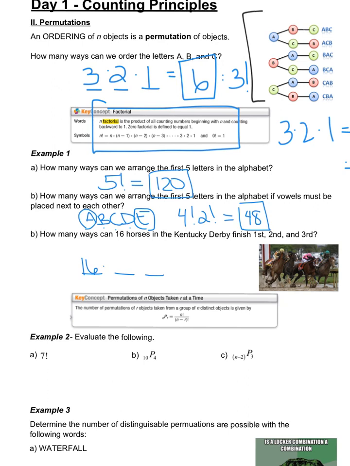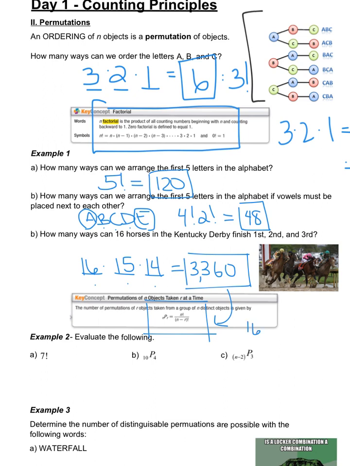After they finish in first, there's only 15 that could finish in second place, because you can't have a horse that finishes first and second and third. So each time we go down by 1, notice we only care about 3 spots. If we multiply those together, we get 3,360 different ways.